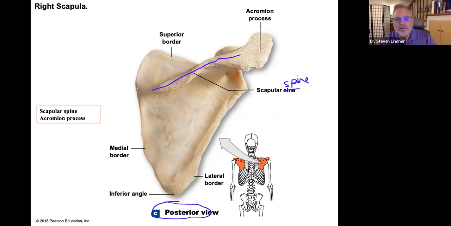When we follow it from the medial border and we follow it upward, it goes superior and lateral and takes us to the acromion process, which is the highest point of the shoulder. And even from the posterior, we can see the superior border, the medial border, the lateral border. We could see the superior angle and the inferior angle.